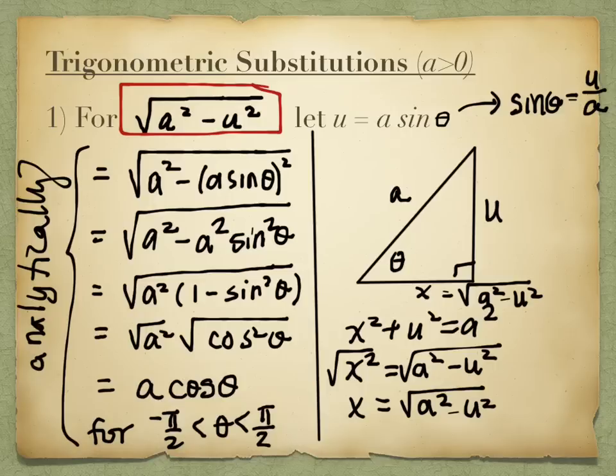Okay? And this is really good because, as you see, if u is equal to a sine theta, then I can take the derivative of this just fine, correct? What's the derivative of a sine theta? A cosine theta. It's easy to work with. I would much rather take the derivative of a sine theta than the derivative of the square root of a squared minus u squared.